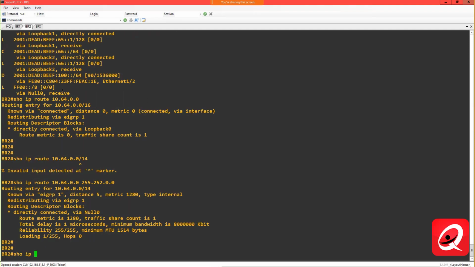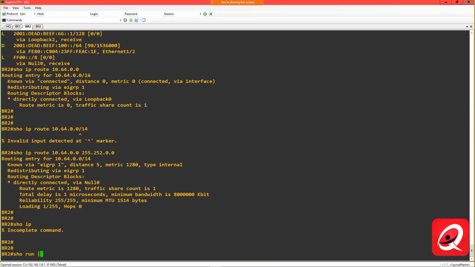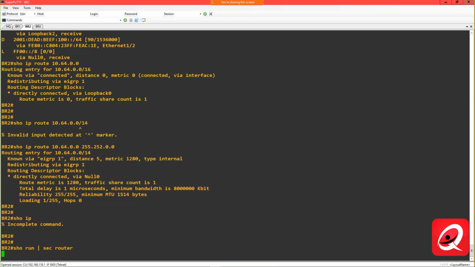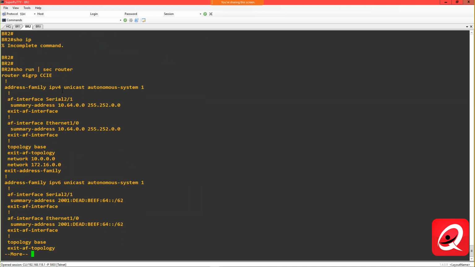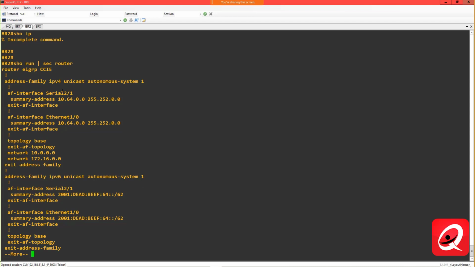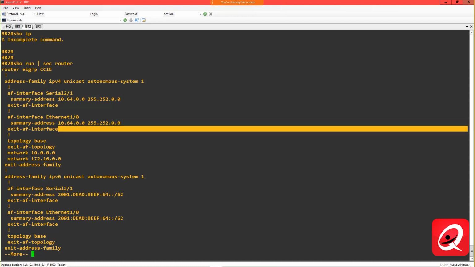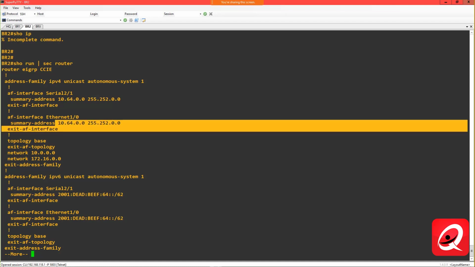All right, simple enough. Let's do a show run pipe section router. Take a look at our configuration. There's the 10.64 and the 10.64/14.